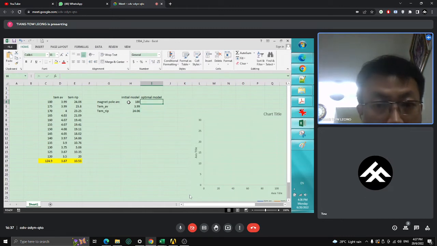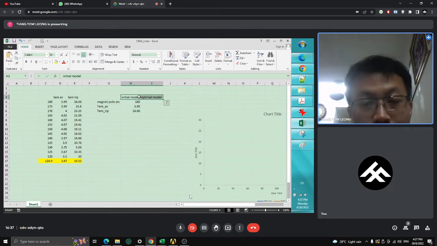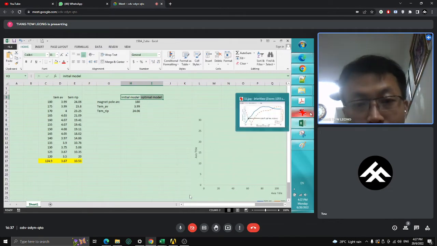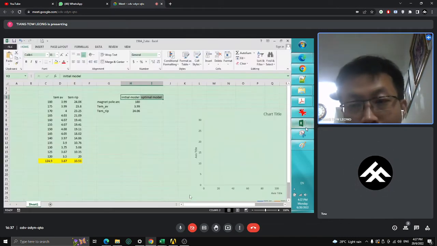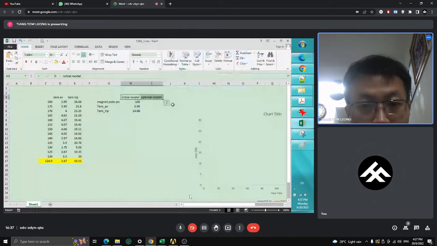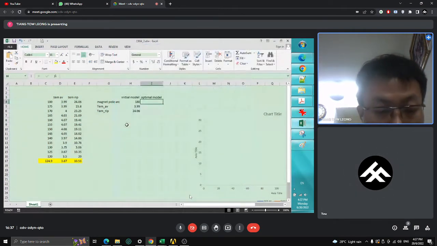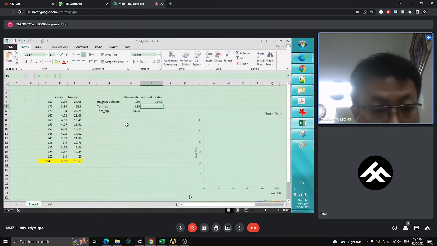Yes, this is our optimal model. You understand, right? This is just for our understanding, but the real name is different here. Okay. So the optimal we get is 124.9, then 3.67, then 10.53.